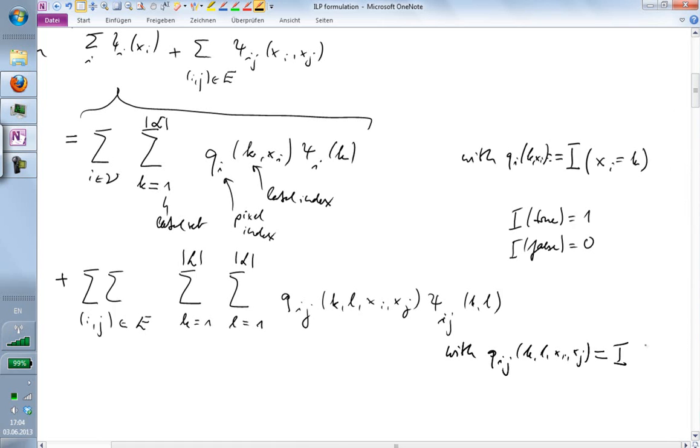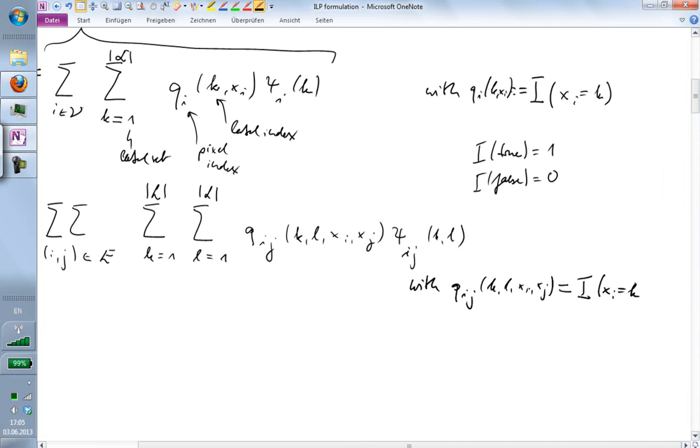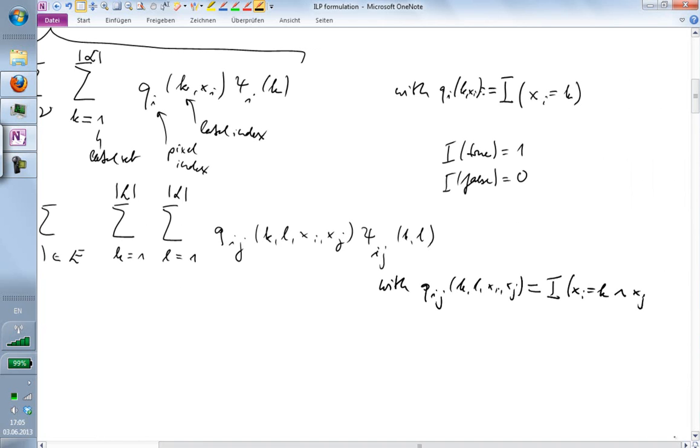This is the word I was looking for, of the following statement: Xi equals K and Xj equals L. So I have an overcomplete or redundant representation in terms of these indicator variables, and they simply pick out the term which is true or which holds for a particular labeling.